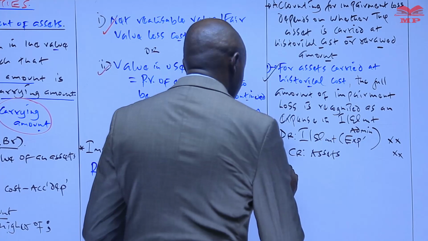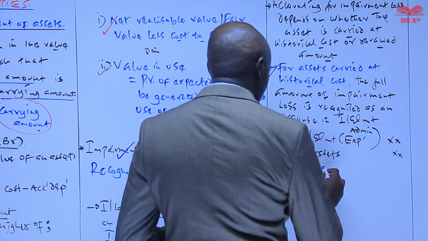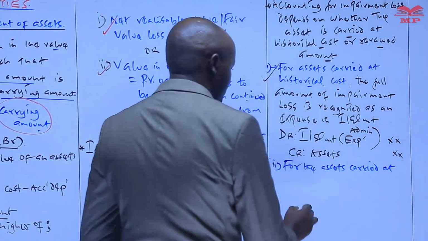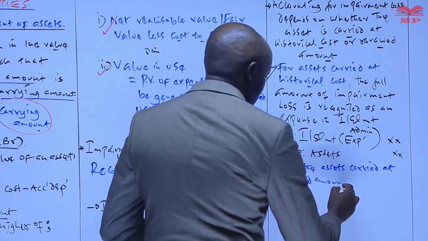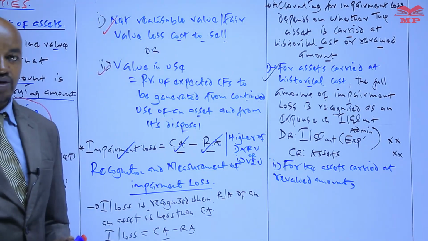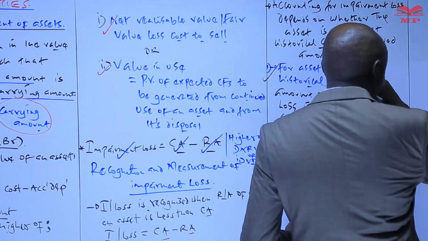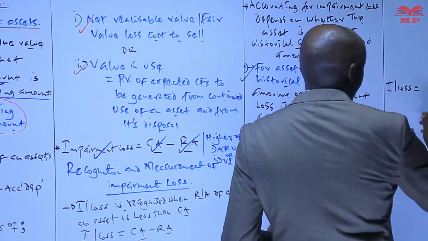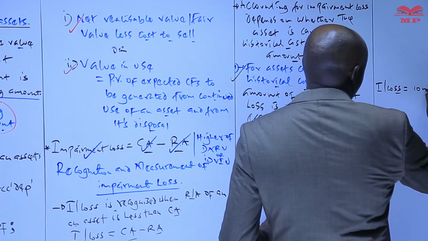Number two, we have those particular assets which are carried at revalued amount. So how do we account for the impairment loss? Let's assume that we have an asset which is carried at revalued amount, and an impairment loss is determined as far as that asset is concerned, and maybe assuming the impairment loss is something like 10 million.